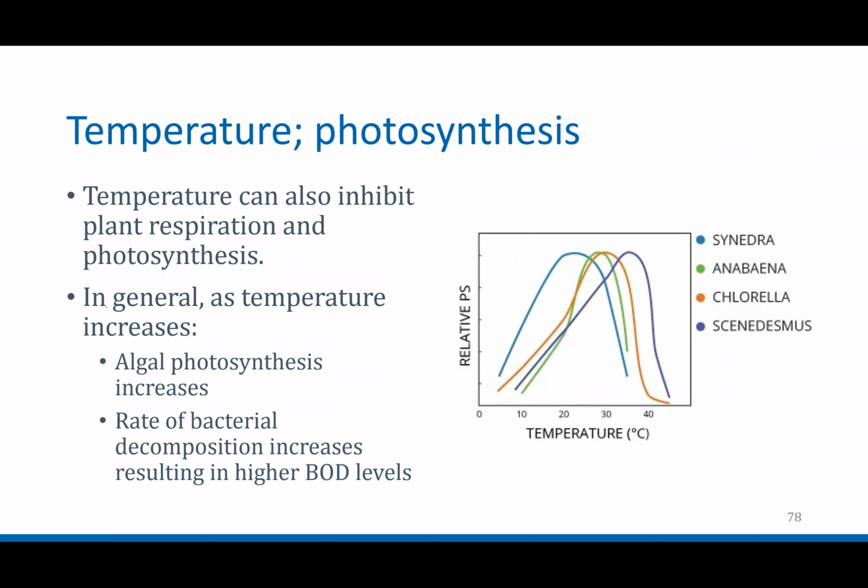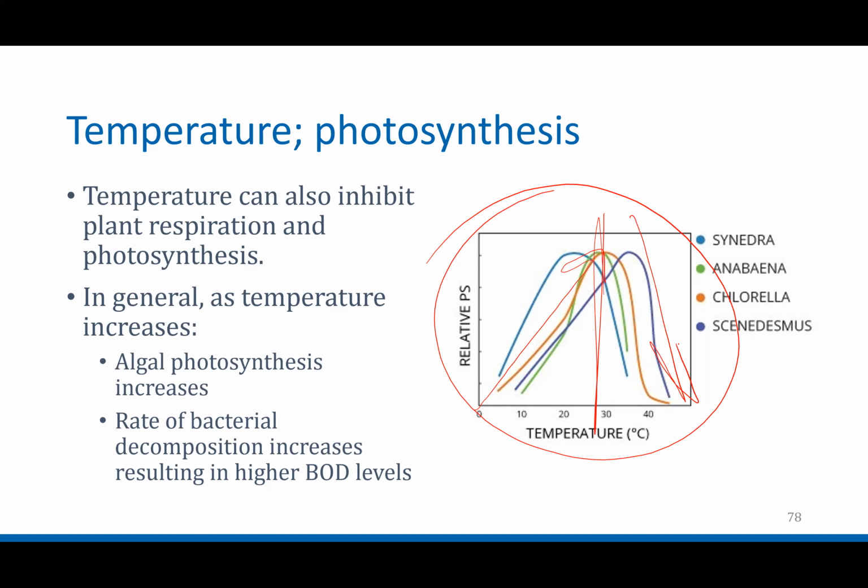And this is a really interesting graph over here on the right. In general, temperature does affect the photosynthesis of plants, but there is a maximum. You can see the graph starts to go up, but after 30 degrees Celsius, or it depends on the type of aquatic life, once it gets too hot, the photosynthesis begins to slow down.